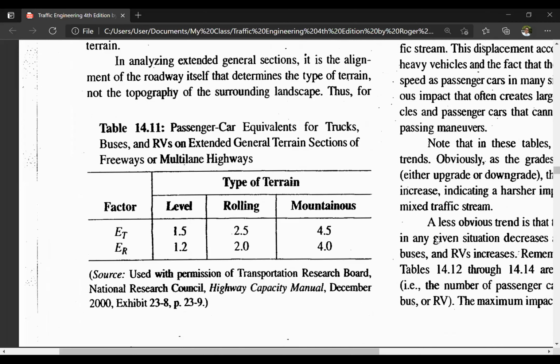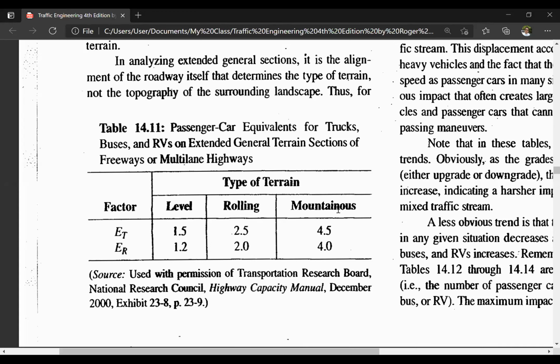The passenger car equivalent for trucks and buses and RVs on extended general terrain sections of freeways and multi-lane highways. So if it's level, ET is just 1.5, ER is 1.2. But if it's rolling terrain, ET becomes 2.5, ER becomes 2.